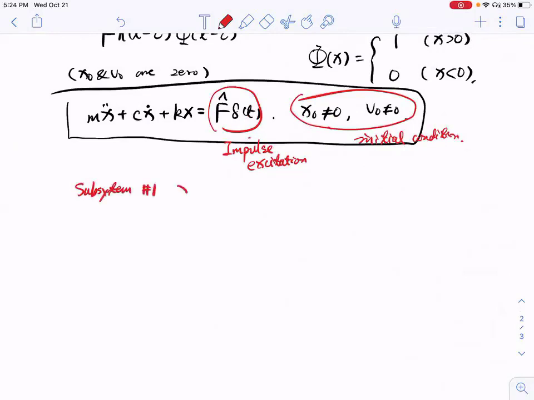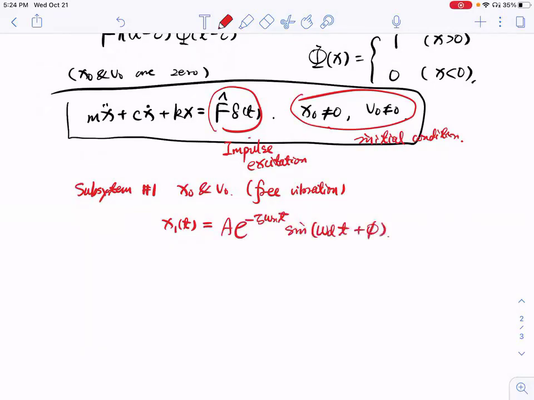The first one is due to X naught and V naught because it's free vibration. You have to go to lecture 3 and then find out your X. The solution for subsystem 1 is A e^(-zeta omega_n t) sin(omega_d t + phi).